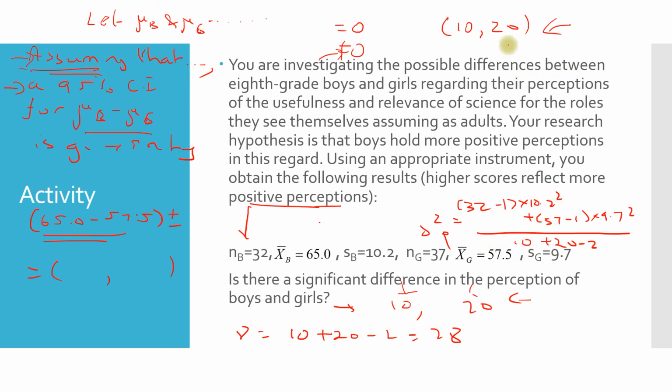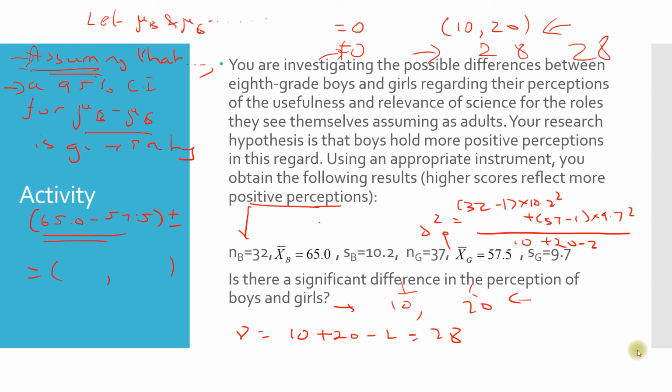Now, just for information, if you are dealing with 28 and 28, it is still small sample cases that you are dealing with. But when you come to your degree of freedom, you have to be careful.